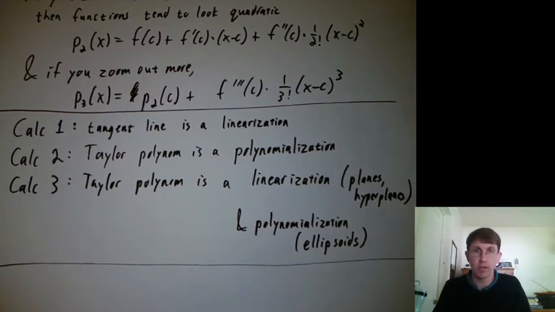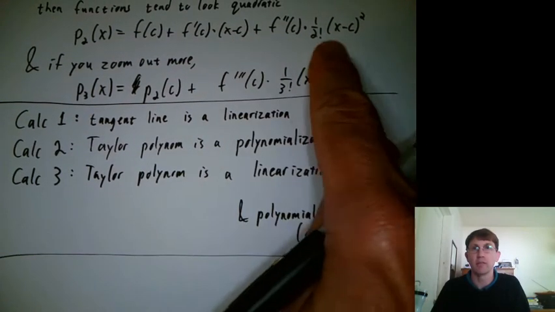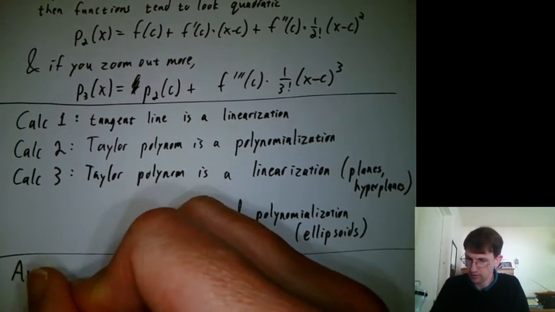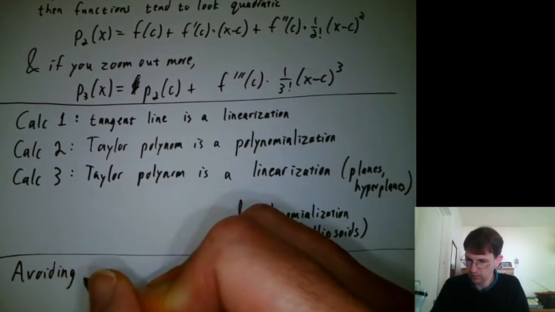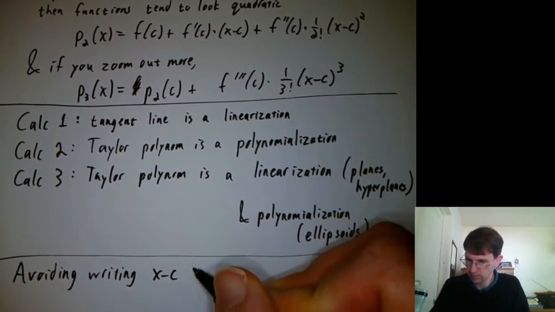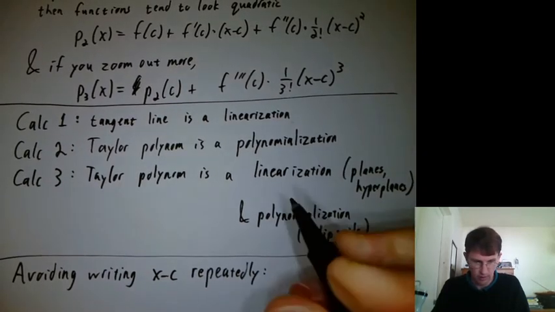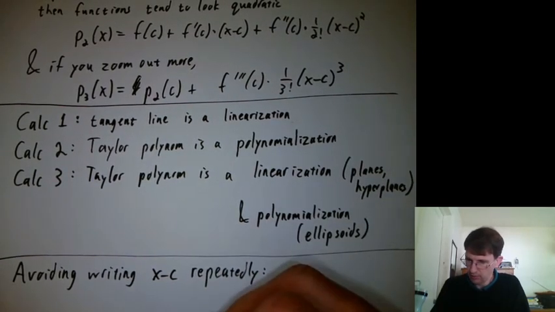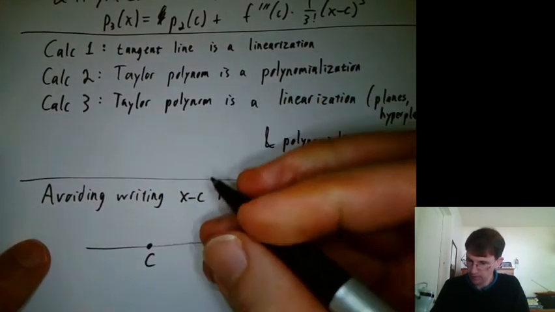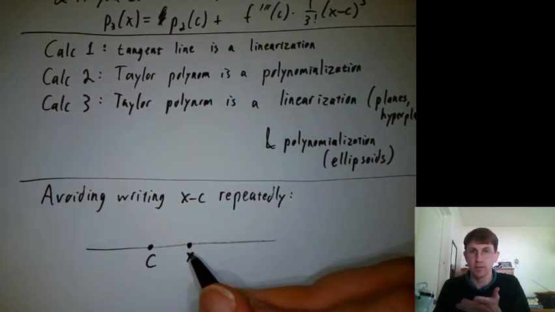Let's do another quick thing. Nobody really likes writing out x minus c repeatedly, right? So let's talk about avoiding that. So let's say we've got our anchor point c here, and some value x some distance away from it.